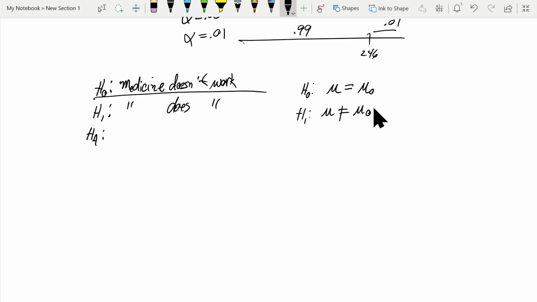So it's either equal to this or it's not. We got ball bearings, they're within this range or they're not. This is two-sided because it's where my answer would land if I'm going to reject the null hypothesis.